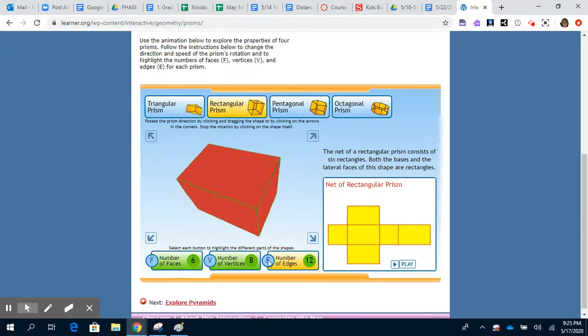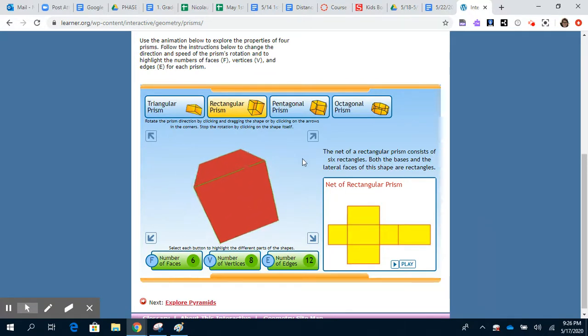There they are in green. There's the 8 vertices, 6 faces, and 12 edges. Those are all true about rectangular prisms. They all have rectangular faces. Rectangular means it's the shape of a rectangle. So when you're writing down, those are things you'll put for true.